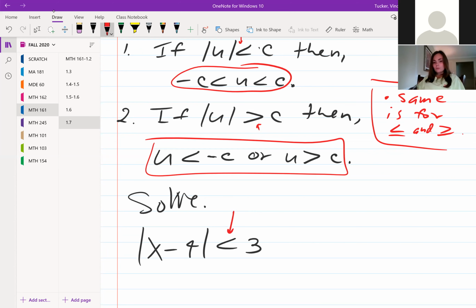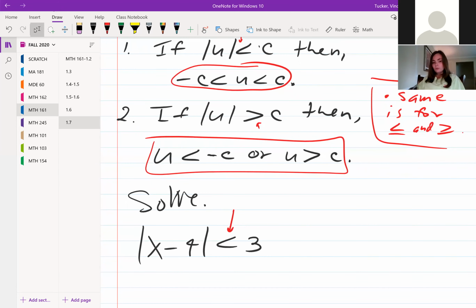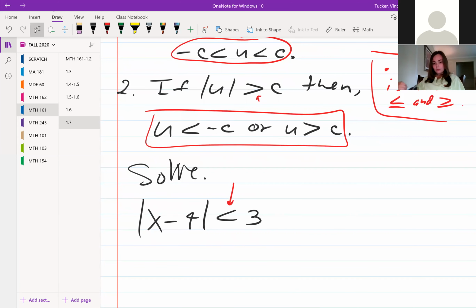So because we see the less than symbol, that lets us know we're going to use the relationship of number 1. So notice what's going on here. The absolute value of your quantity is less than a number. So what you're going to do is set it up with its opposite on the outside. Use the algebraic expression that was on the inside of the absolute value for your inside piece of your inequality, and then use the number itself, that positive number.